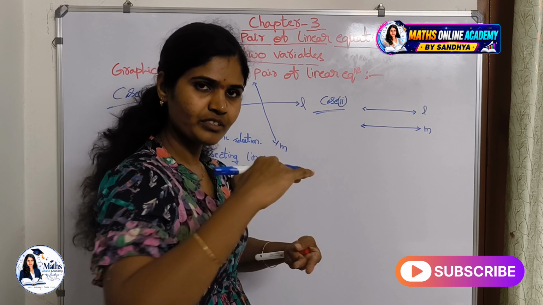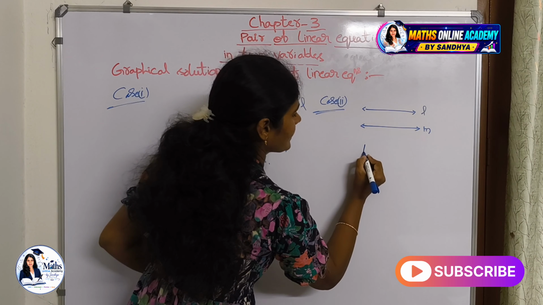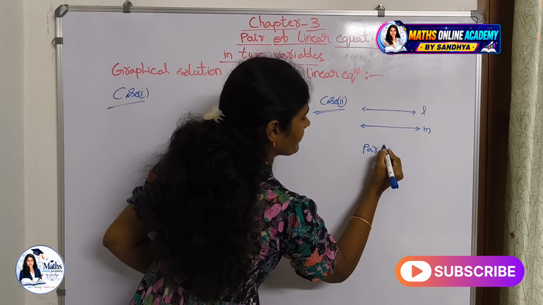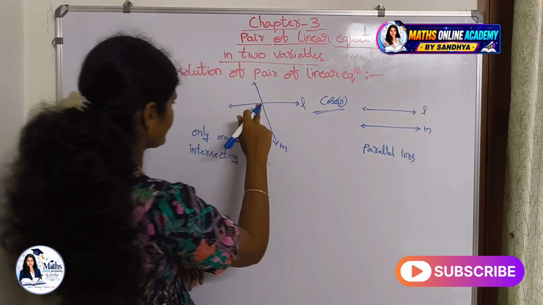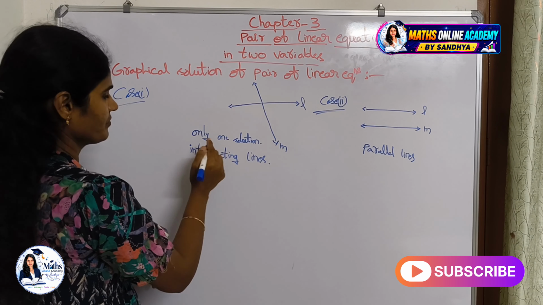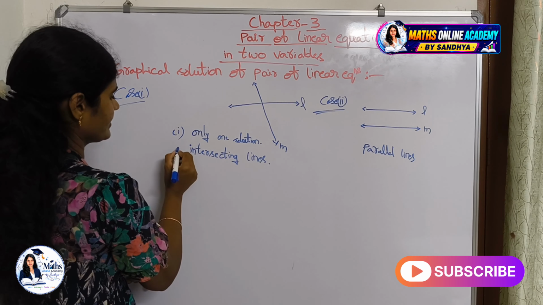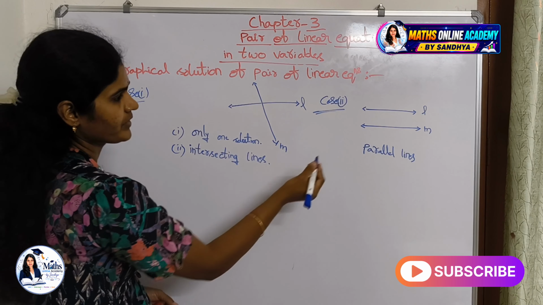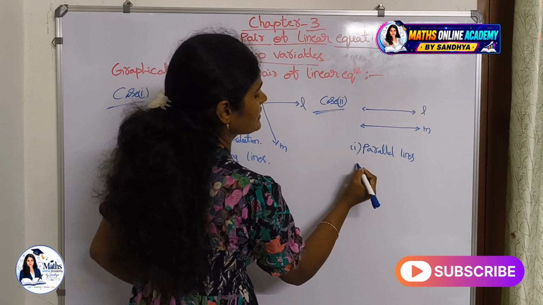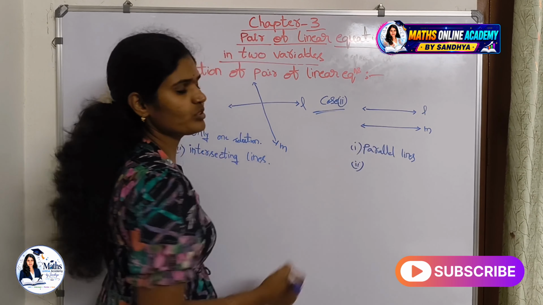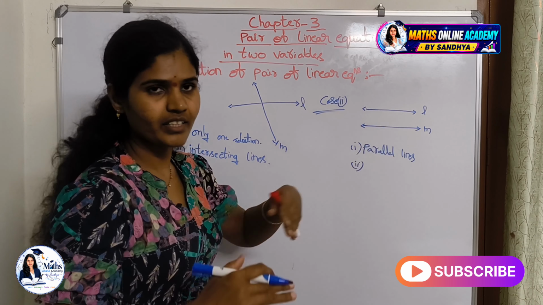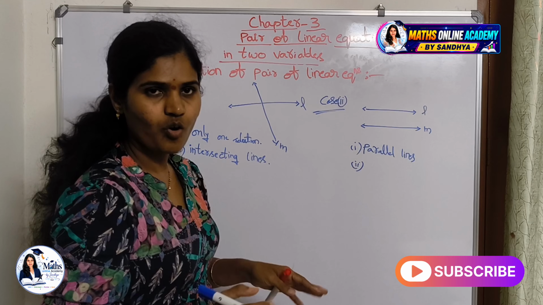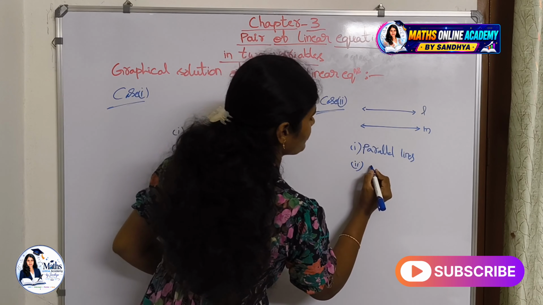Not intersecting means these are parallel lines. And how many solutions? There is no solution. Those are not intersecting. We don't have common points. So, no solutions.